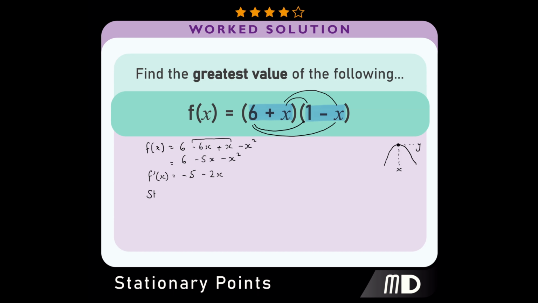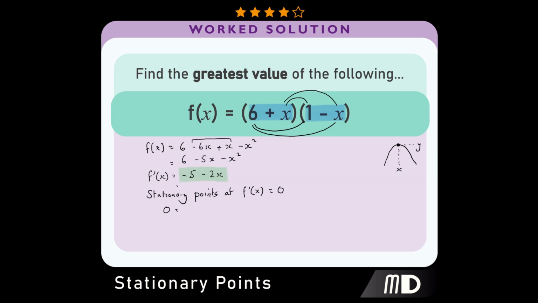Now, stationary points, which are points on the curve where the graph has a gradient of 0, are where f dash x is equal to 0. So we're going to take our expression for f dash x and make that equal to 0.